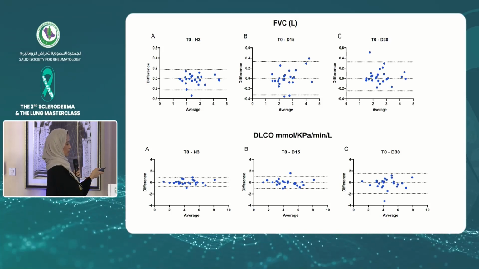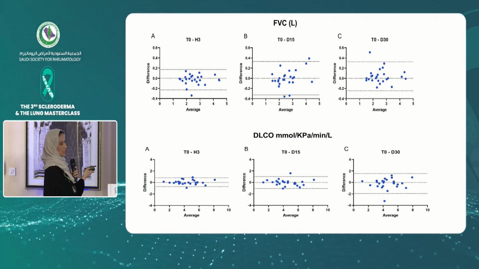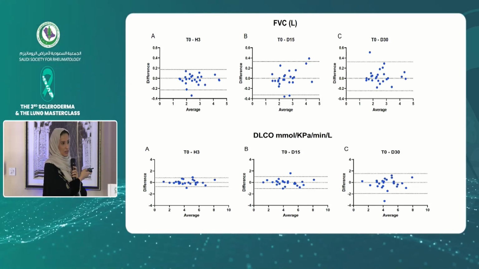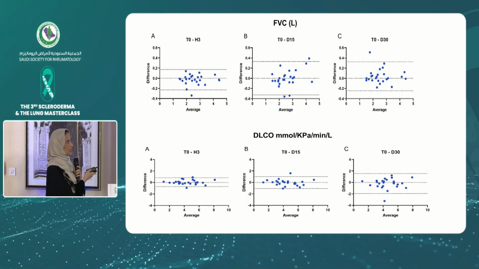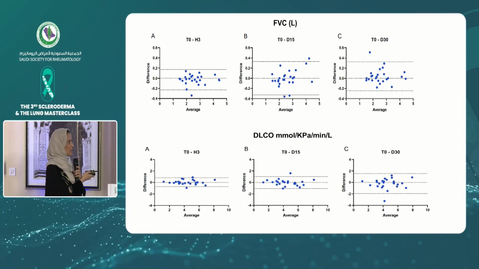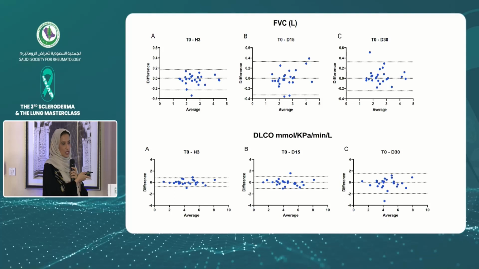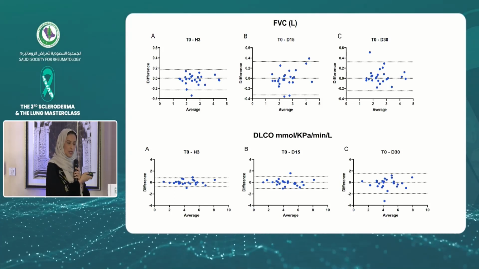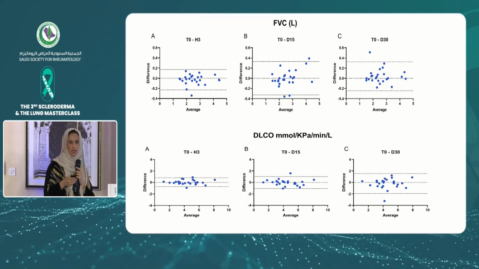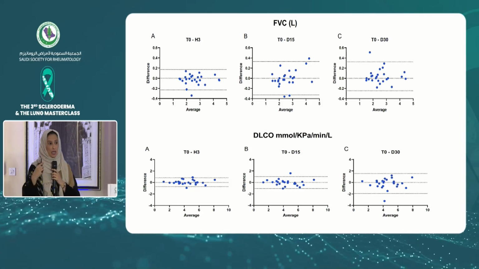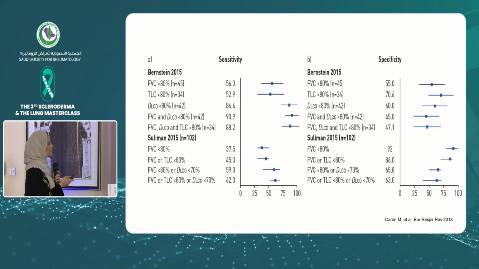They assessed the DLCO and the FVC at time 0 and 3 hours later to test and retest reliability, and then at day 15 and day 30. You can see they're not bad, neither the FVC nor the DLCO. It's a small study, but it's good that it gives us an indication that the variability and reproducibility of FVC and DLCO should no longer be an issue. At least we have to do more prospective trials to address that point.